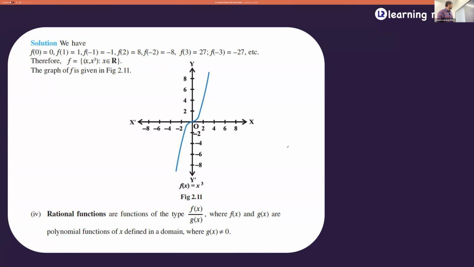Okay. So to be more specific, the graph will look something like this. See, that's what they did. No, just substitute the values and then see. It looks something like this.